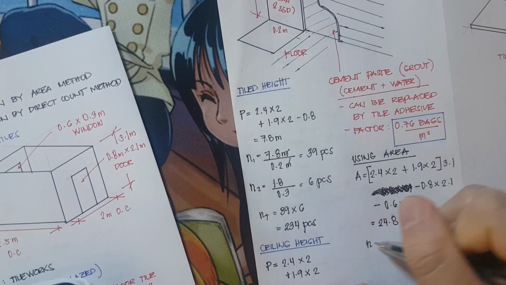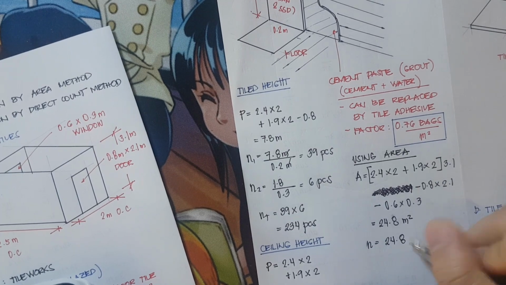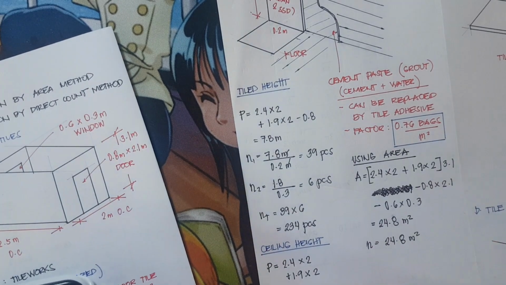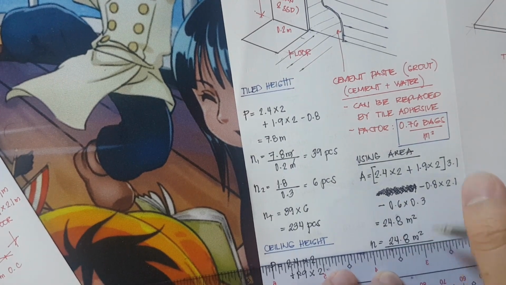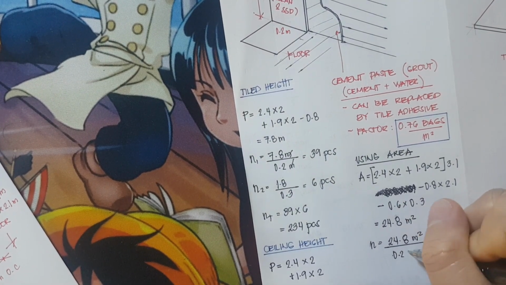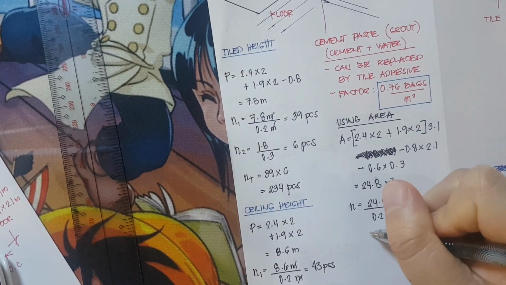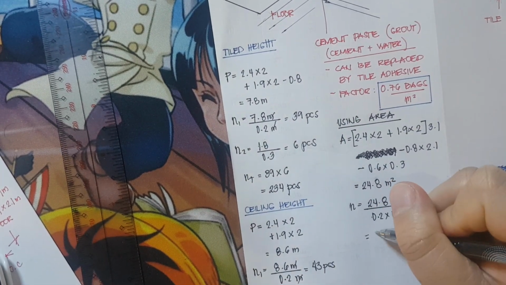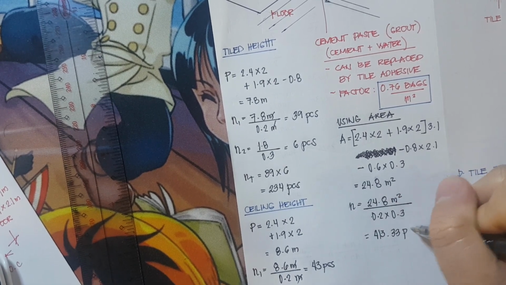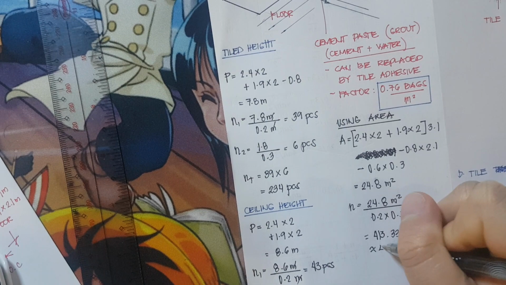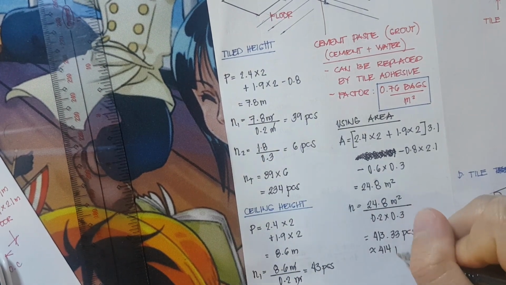So for the number of tiles, it would be 24.8 square meters divided by the dimension of the tile, 0.2 times 0.3. It is equivalent to 413.33 pieces. So this is equivalent to 414 pieces.